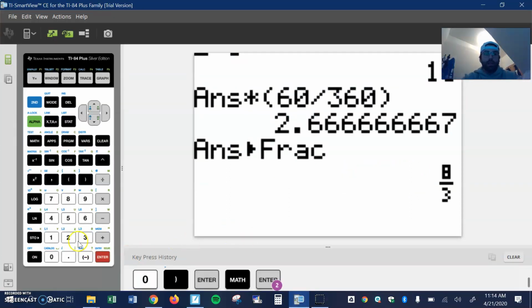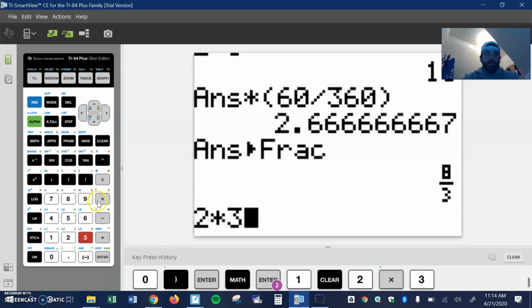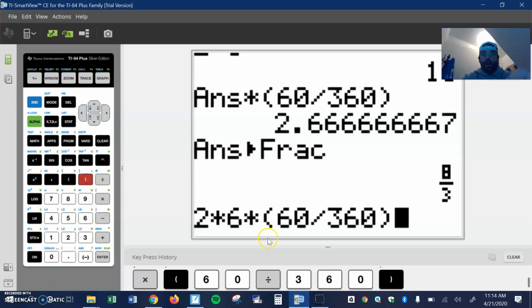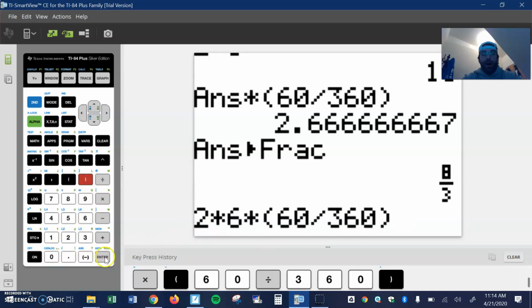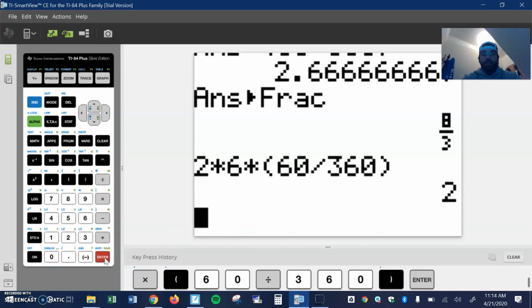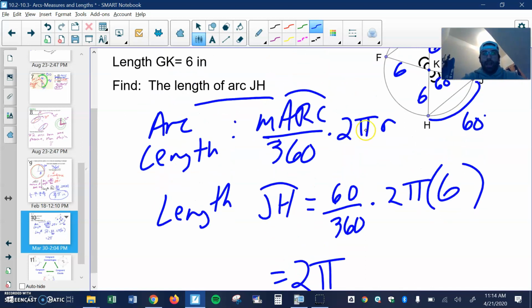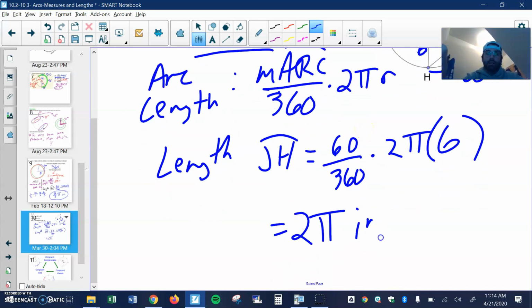I could type it all out just like that, enter, and I get 2. So my answer is 2 pi. Don't forget the pi. We're just slapping the pi on it. Inches.